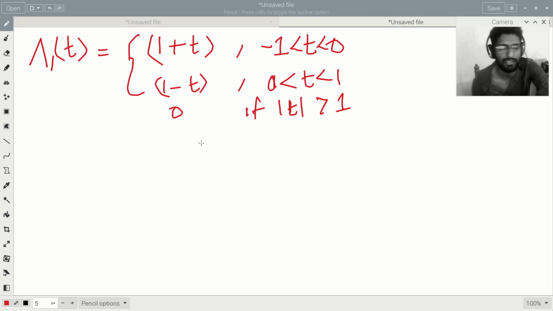So we redefine the function for our purpose. Now we are going to find the Fourier transform of this function, triangle 1 of t.